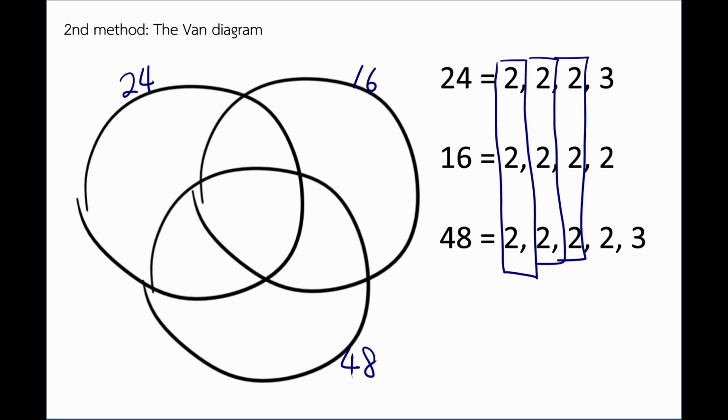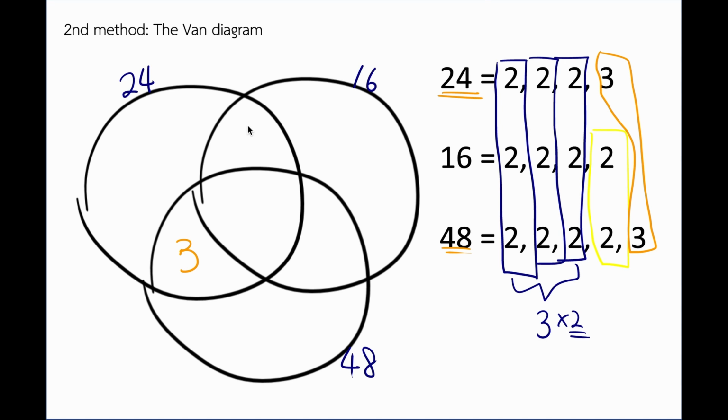Now, in this case, you can group them together because it's a Venn diagram. Just get another color. We have a 3. So this 3 right here, it's in the list of 24 and 48, which is right here. Make sure to only write it once, or we're going to make a mistake. And then we have 3 sets of 2's.